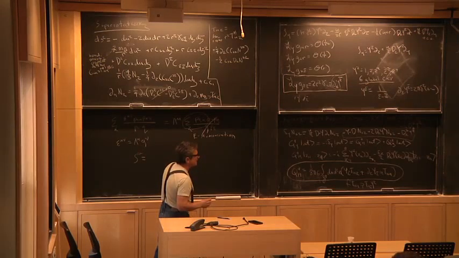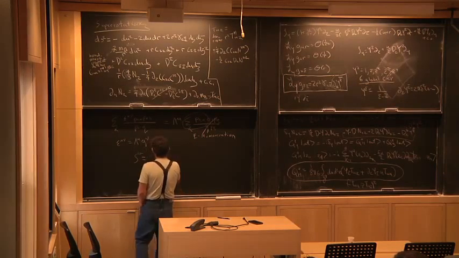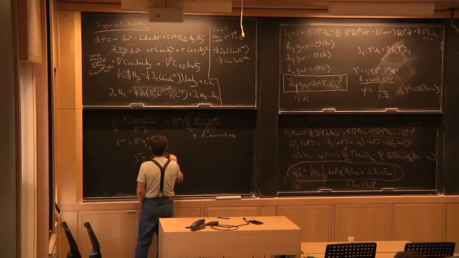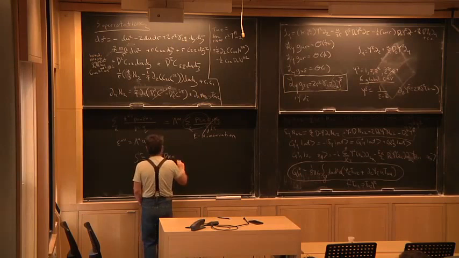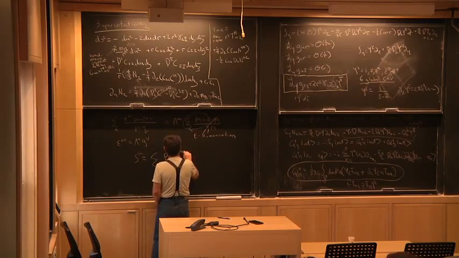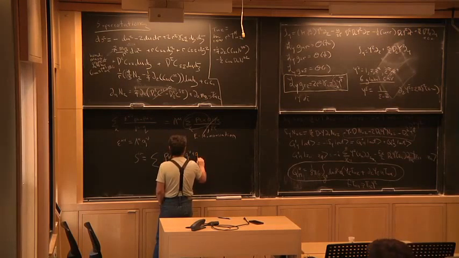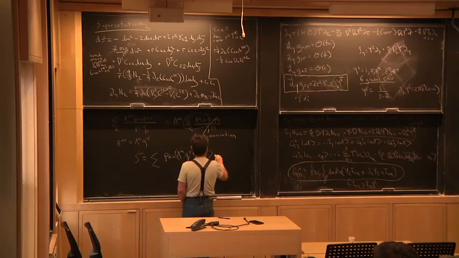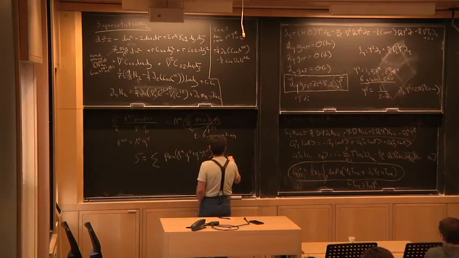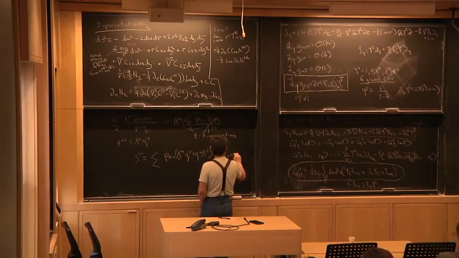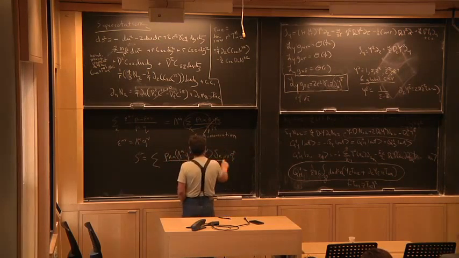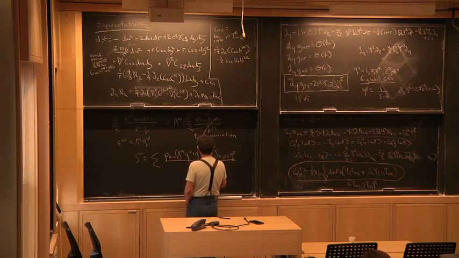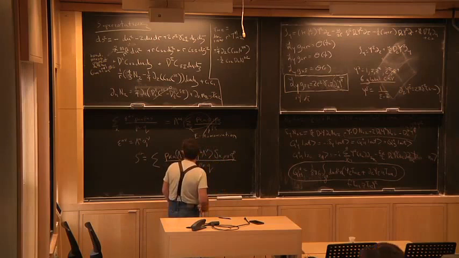We get the sum of pk mu, and now it's not automatically symmetric, so let me put both terms in: lambda mu q nu plus q mu lambda nu, and then J k rho nu q rho over pk dot q. So we have two terms here.